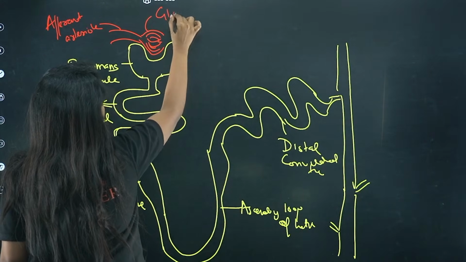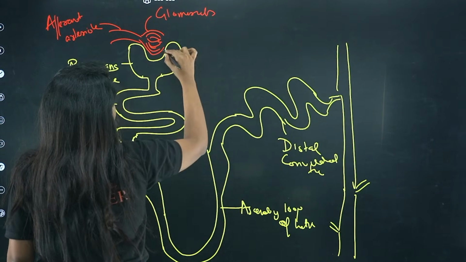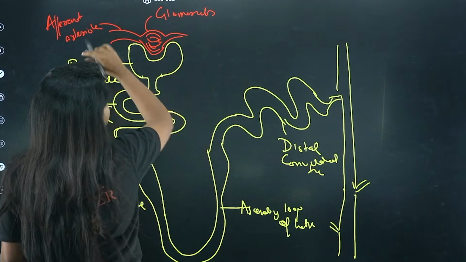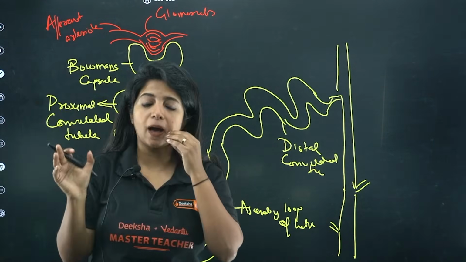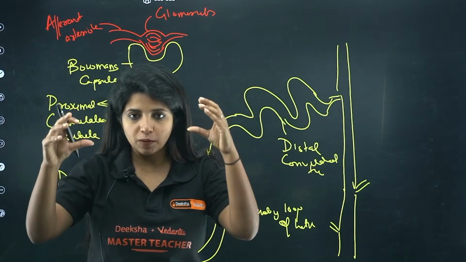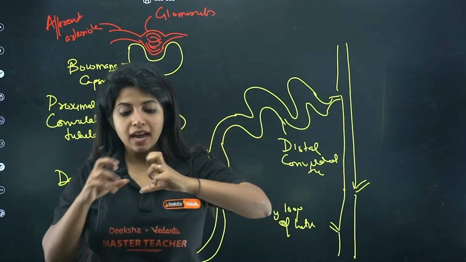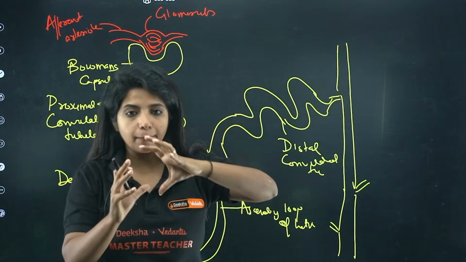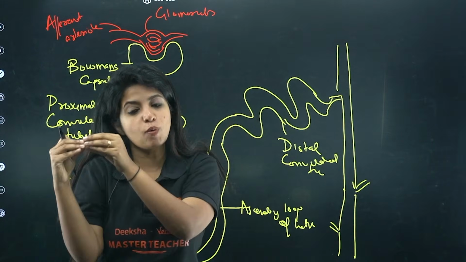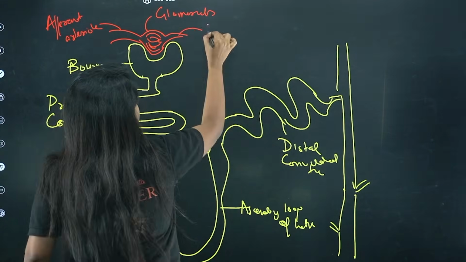You call this the glomerulus, and then it opens into the next arteriole. Usually capillaries come between arteries and veins, but here a bigger arteriole, the afferent arteriole, came, made capillaries, and now it's opening into a smaller arteriole known as the efferent arteriole.